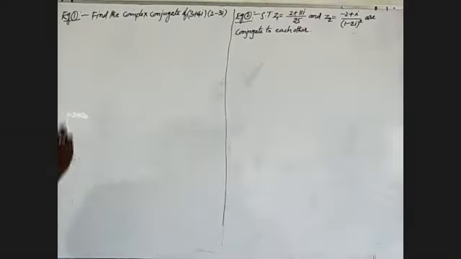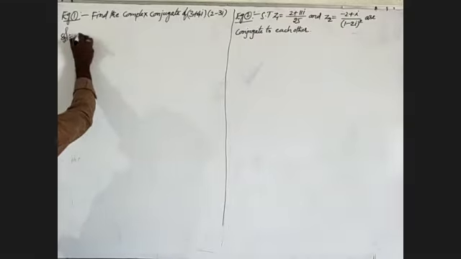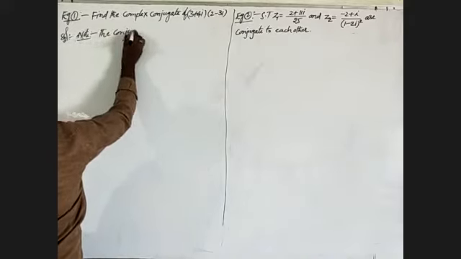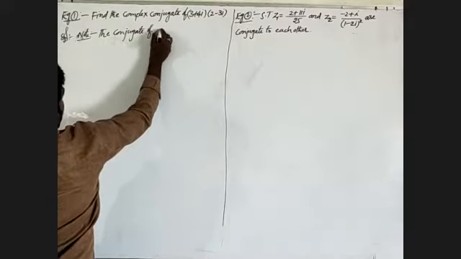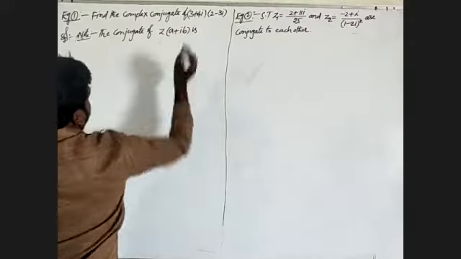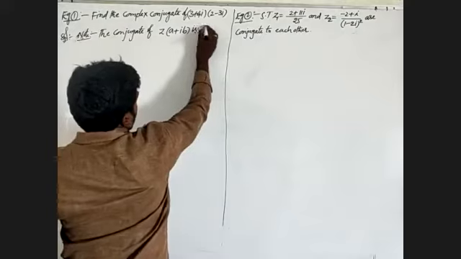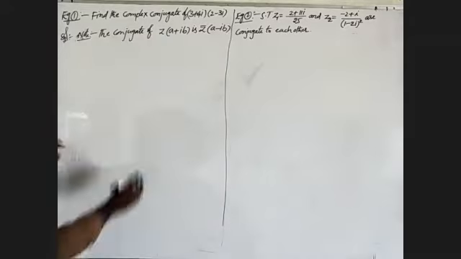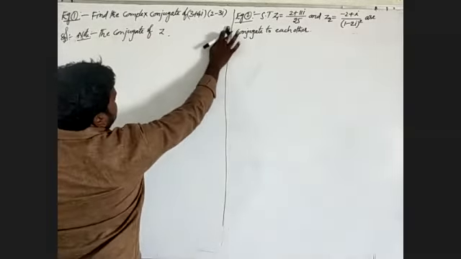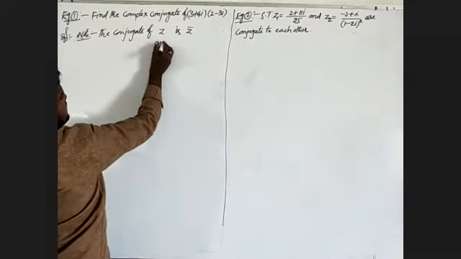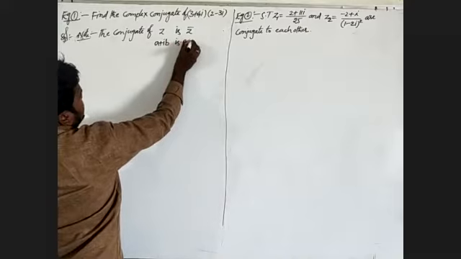I already told you in the previous class: what is the formula for the conjugate? The conjugate of Z, where Z is a + ib, is Z bar, where Z bar is a - ib.